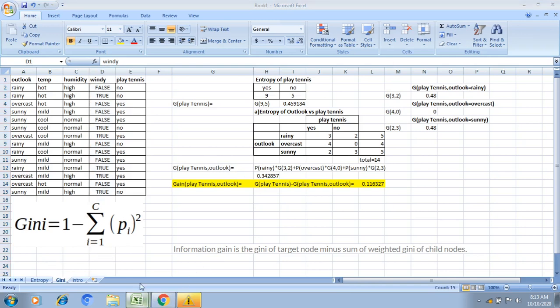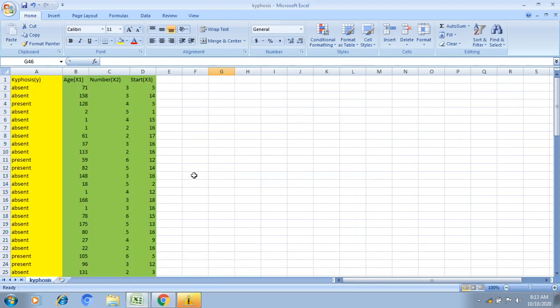Okay, in a similar way we'll go to the example on how to train the model and also how to test. Here I have taken a sample data set, kyphosis, where the target data, the dependent variable, is whether kyphosis is present or absent, and we need to predict this. x1, x2, x3 are the independent variables.